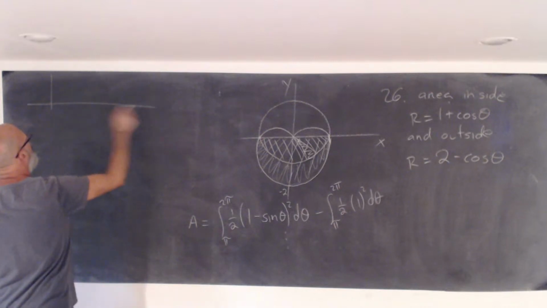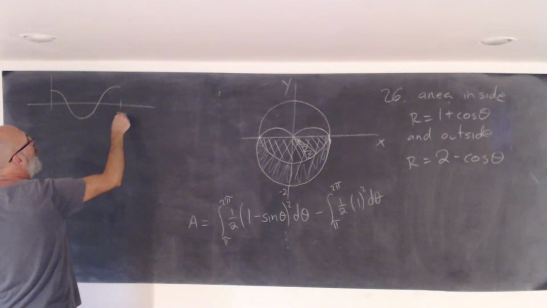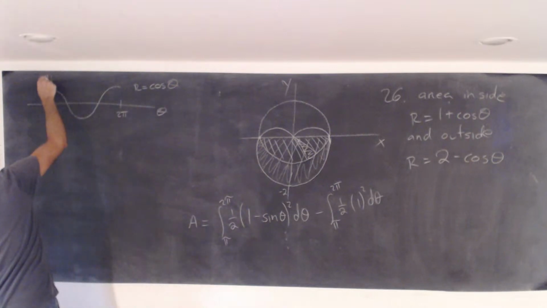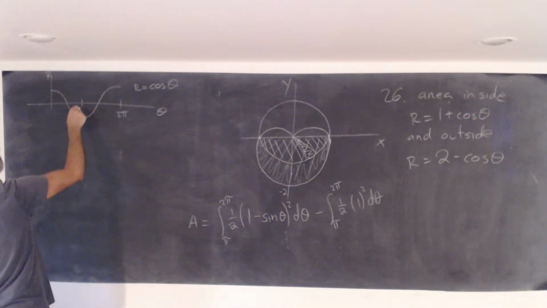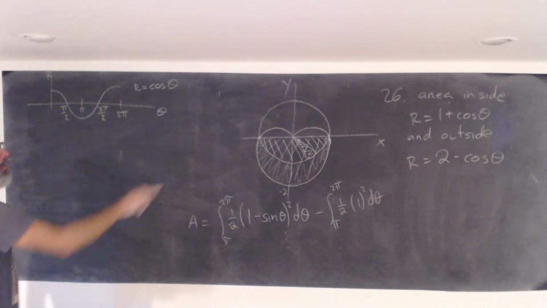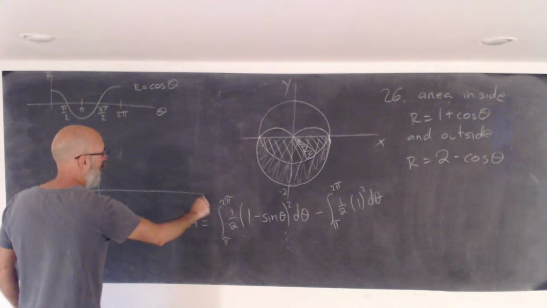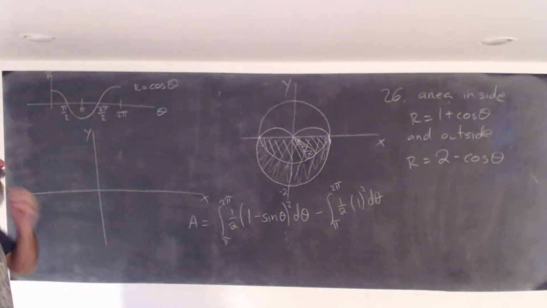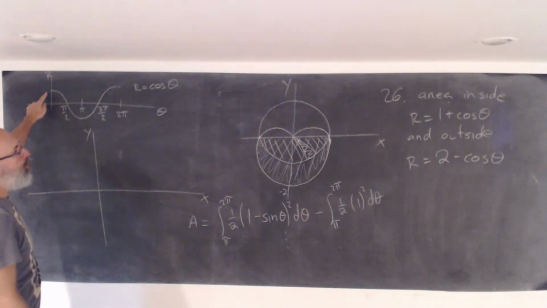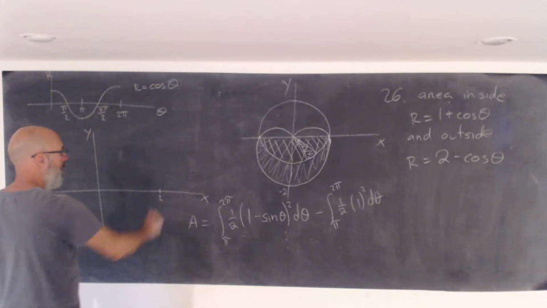Let's just quickly draw the graph of cosine in the theta r plane, so that we're able to graph these two functions in the xy plane. Cosine starts at 1, so if I'm looking at the first one, r is going to start at 2.